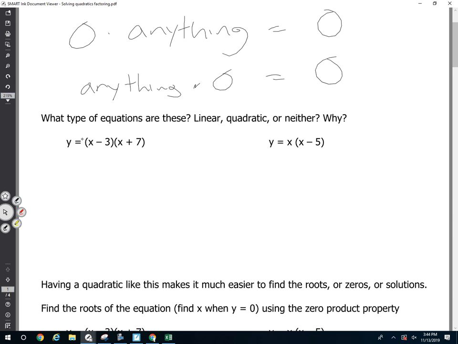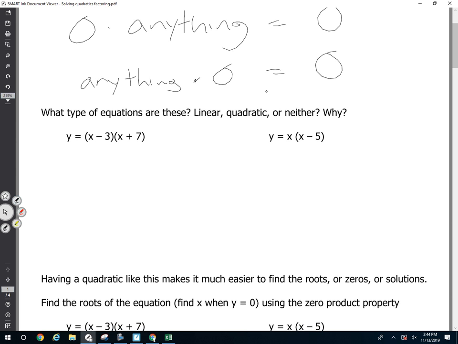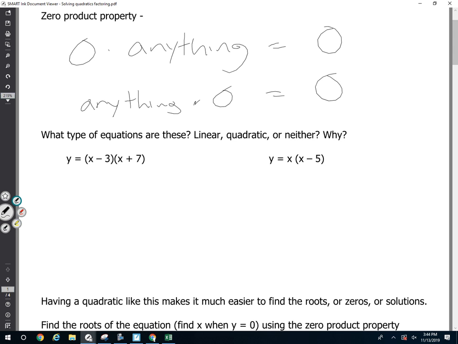We know equations like these are quadratic. I know this is a quadratic equation, and this is a quadratic equation. We know that because if we distributed, we'd get x squared plus 4x minus 21, and we'd get x squared minus 5x if I distributed the x.